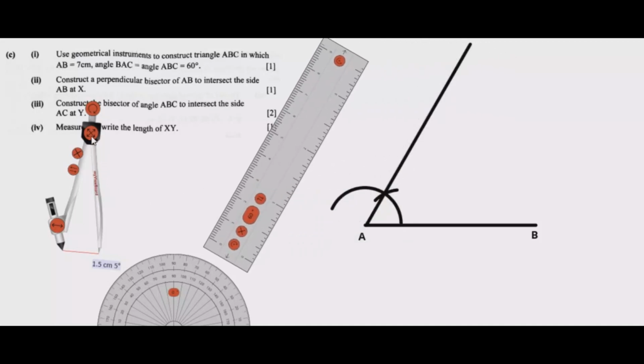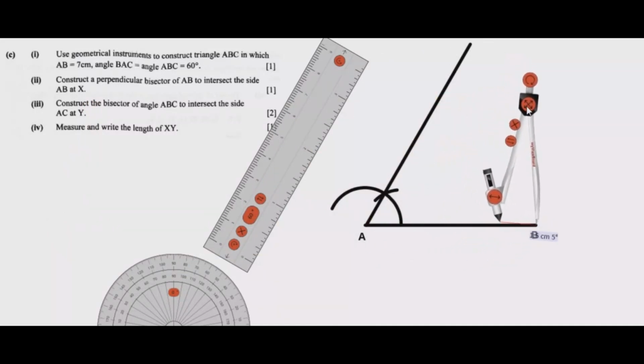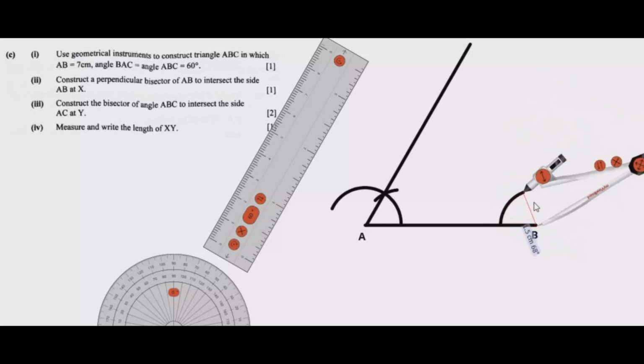So once I've done that, I'm going to get my compass again and come here and then draw the arc again. I'll come on this point, make sure I put it on the edge. When you're using the actual compass and ruler, you make sure that you prick the paper with the metal arm.